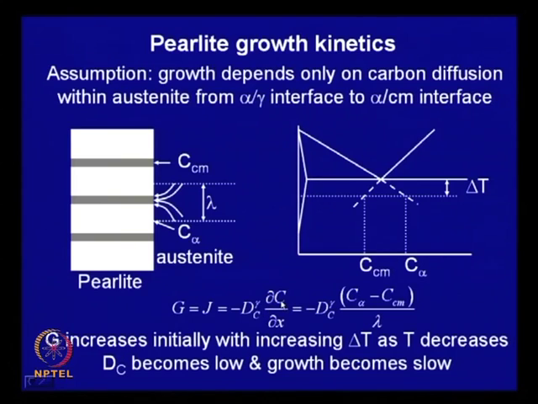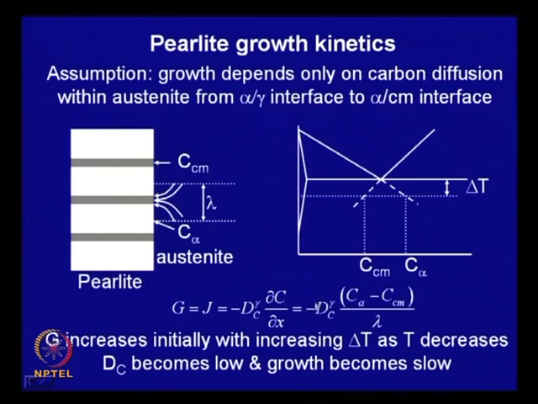This is the difference in concentration, the maximum difference, so this will be the fastest movement from here to there, and look at this distance lambda. This is the average lambda, the interlamellar spacing, that is the spacing between two cementite plates or between the center points of two ferrite plates.